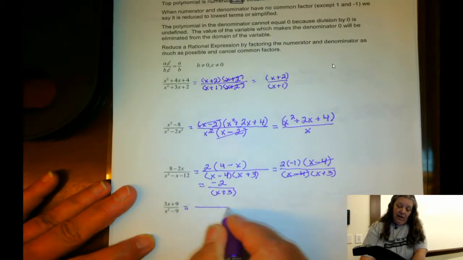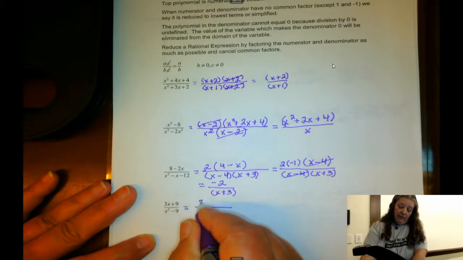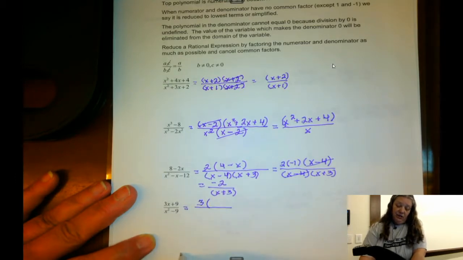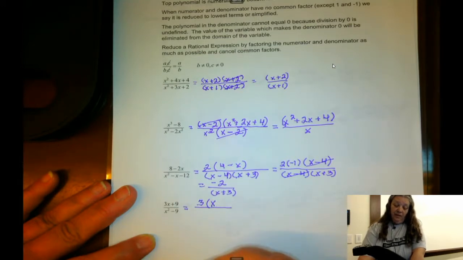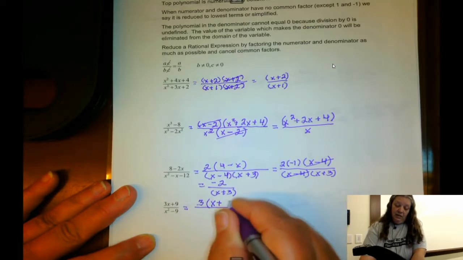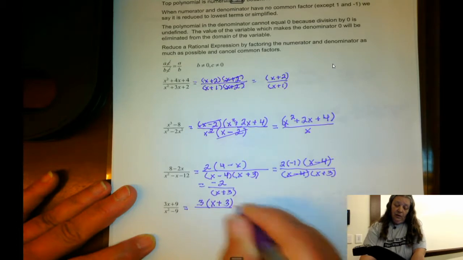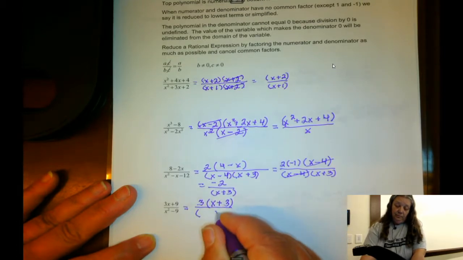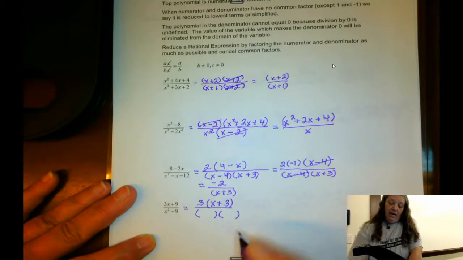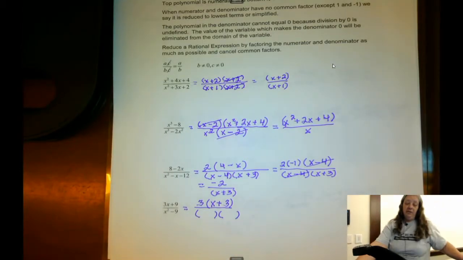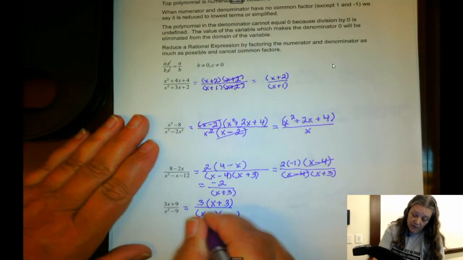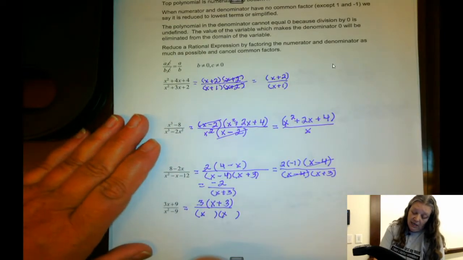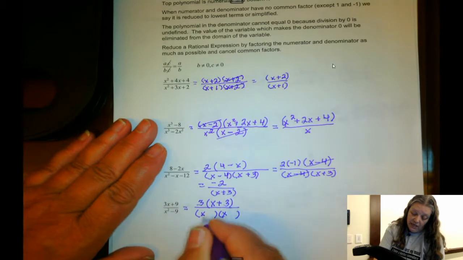Now with the numerator here, we have a common factor, which is 3. First term divided by 3, we're left with an x. Second term, we're left with a 3. In the denominator, we have a difference of two squares. So we have an x and an x in each set of parentheses.